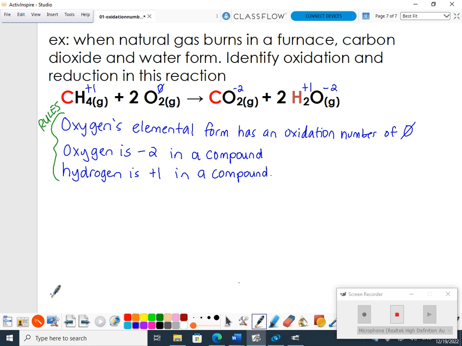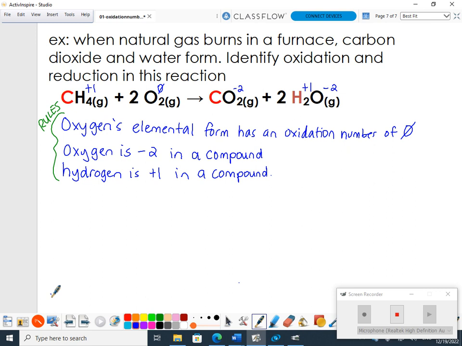Okay, a couple of things. Now all we're left with in CH4 and in CO2 is carbon to figure out. Excellent. We only want one unknown. This elemental oxygen, we're done with, and this compound, we're also done with.